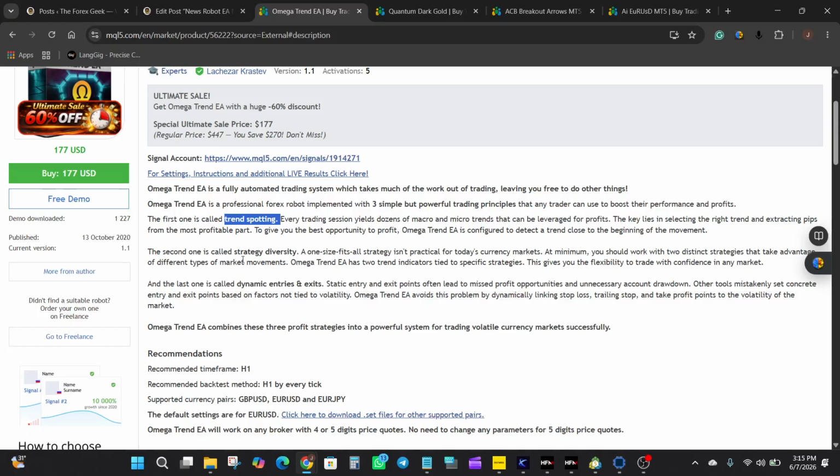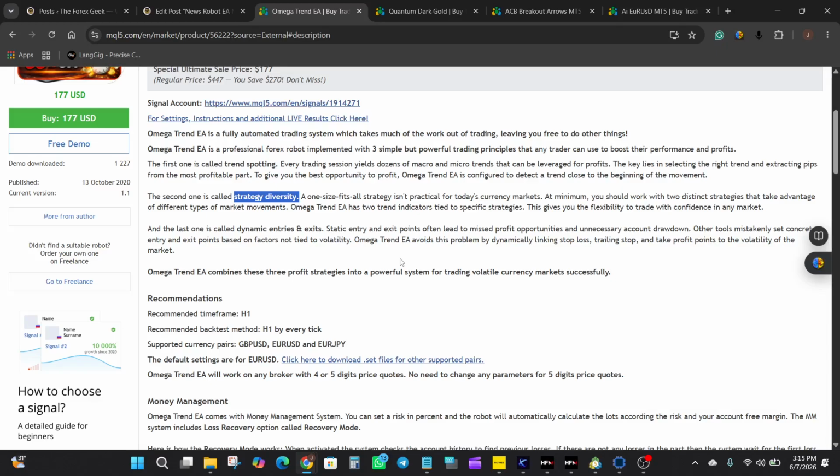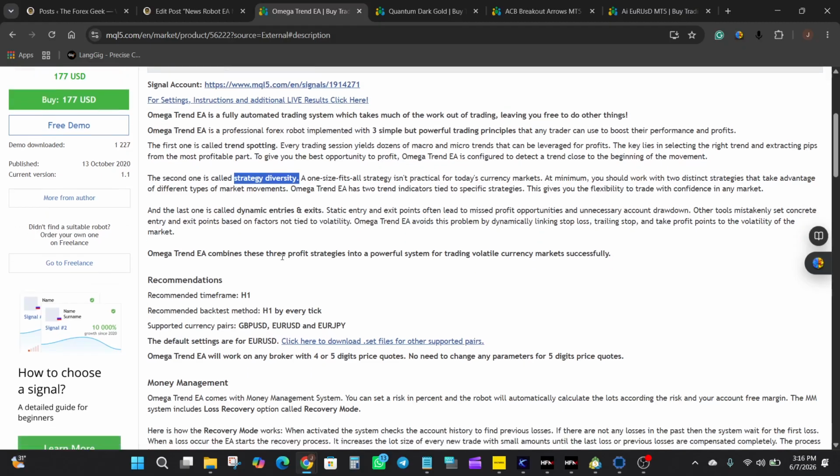The second concept is strategy diversity. Rather than relying on a single approach, the EA uses two trend indicators that are connected to different trading strategies. The idea is to provide flexibility across varying market environments instead of depending on one market condition. The third component focuses on dynamic entries and exits.